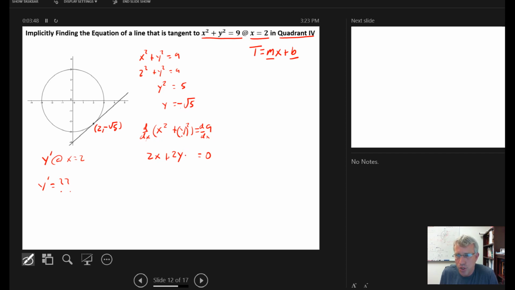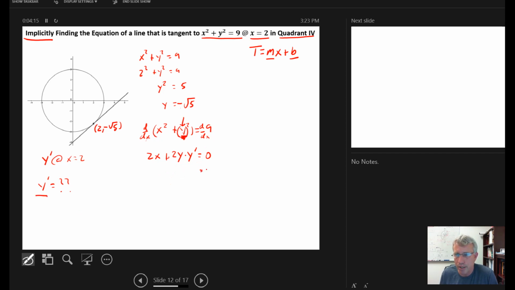But by the chain rule, implicit differentiation means use the chain rule to get that derivative because we have one function inside of another. We need to multiply by y prime from the chain rule. 2y times y prime. Take the derivative of the outer function, which we did, times the derivative of the inner function. And because we need to know what y prime is, we need to solve this for y prime.